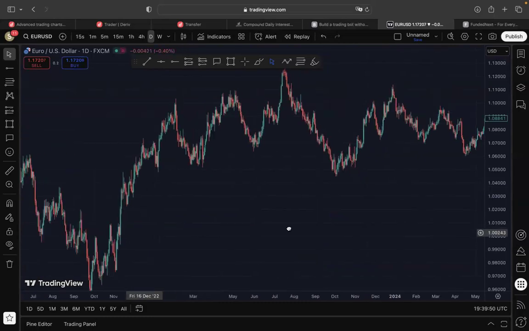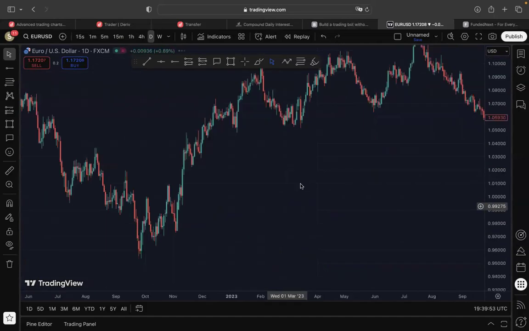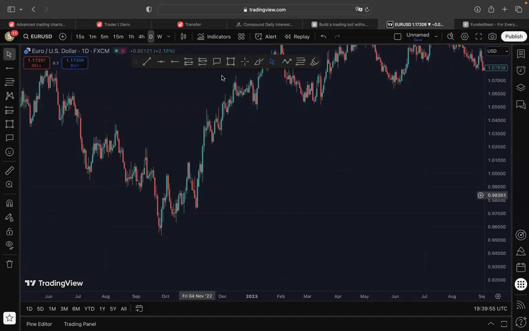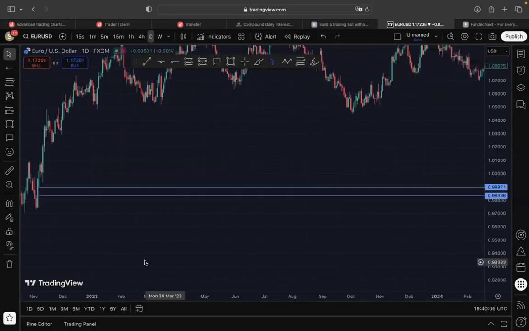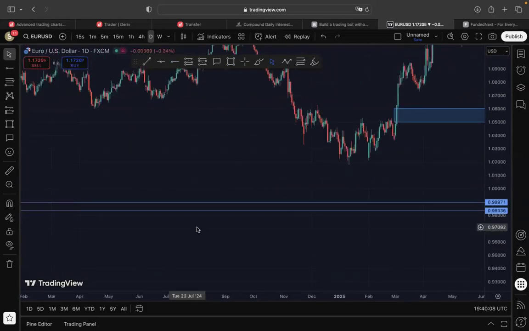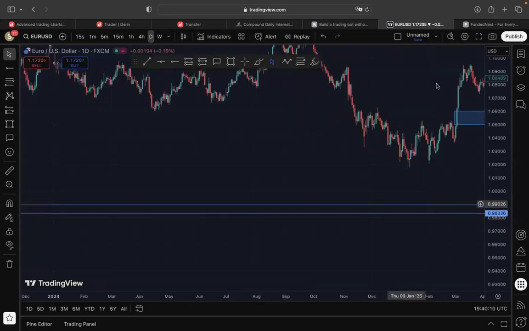Look at this. Let me show you an example. Look at this here. There's a gap here. All right, let me use this line instead. Look, there's a gap here. Okay, it has not even filled this one, as you can see.